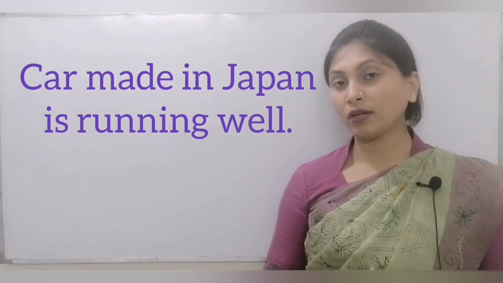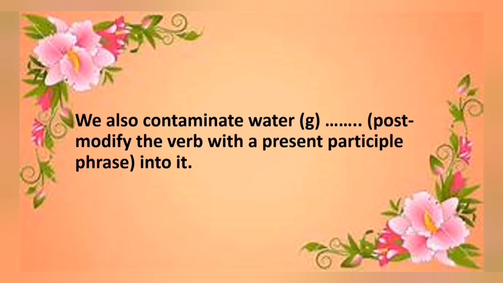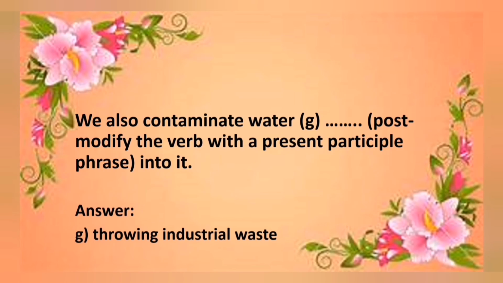Here, "made" is the past participle form of the main verb. So, as a present participle phrase, the answer will be "throwing industrial waste." We also contaminate water throwing industrial waste into it. After writing the answer, the full sentence will be like this.